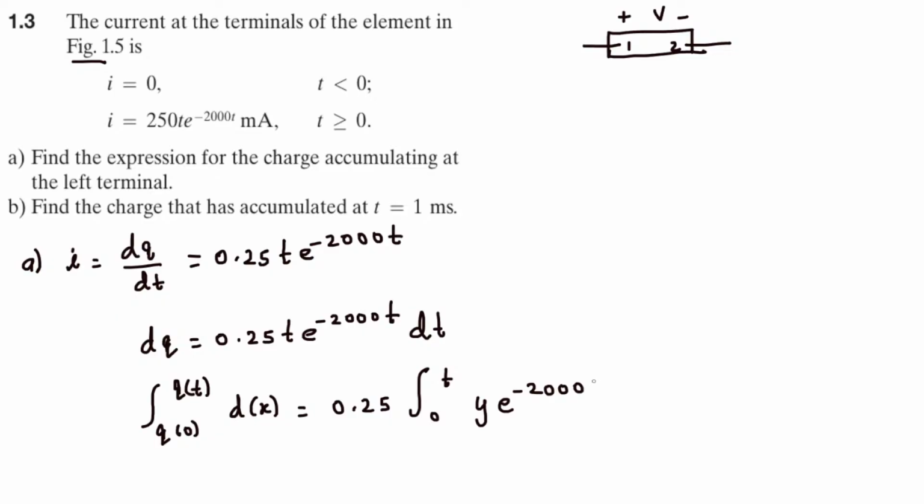Instead of t I'm going to put a y. You can put t as well, but it will complicate everything. That's why we put y here: y e^(-2000y) dy. Okay, so if we integrate this one, let me continue over here.